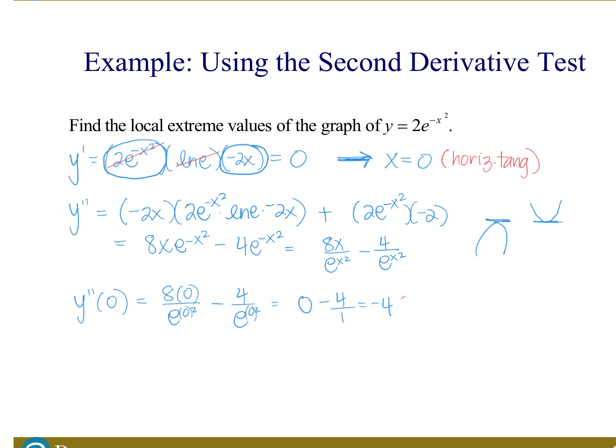That means we have concave down, which means our winner is this one right here. Horizontal tangent with concave down, which tells me that x equals 0 is a local extreme max.